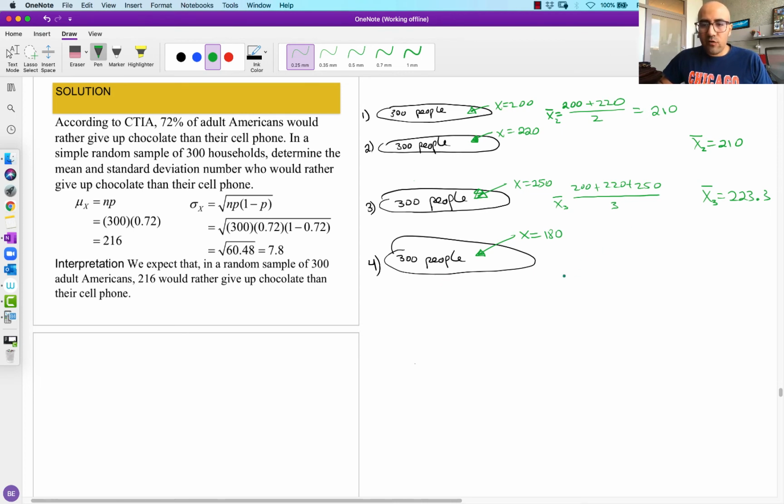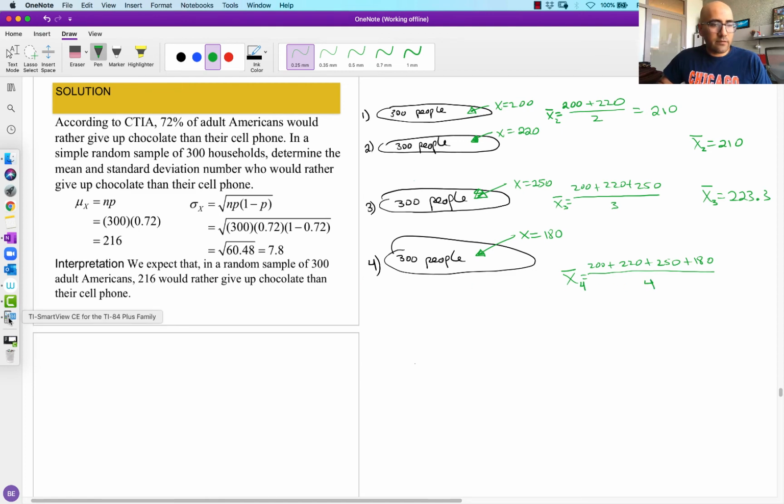So then again, we come back over here and we look at the running mean of these values. So with 4 groups included, this would be equal to 200 plus 220 plus 250 plus 180, and now divide that by 4.